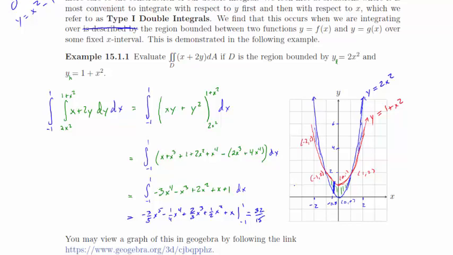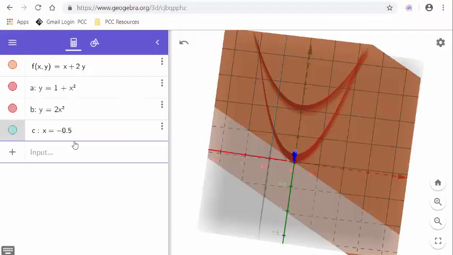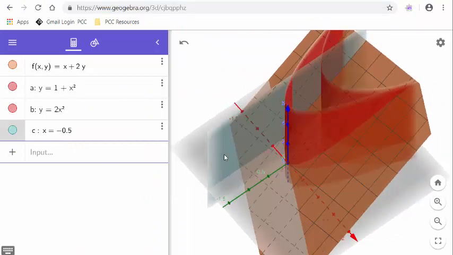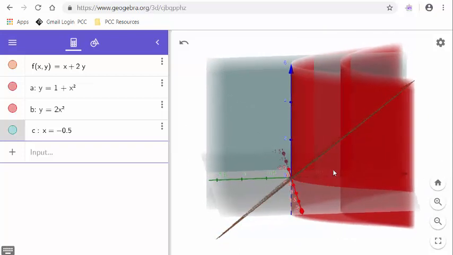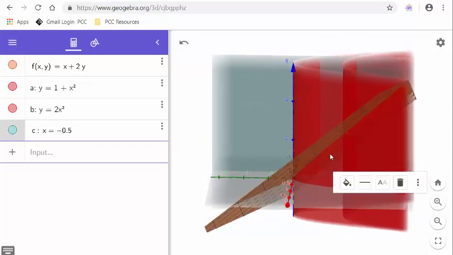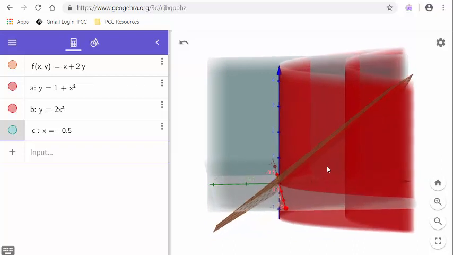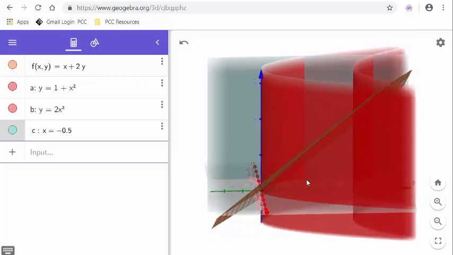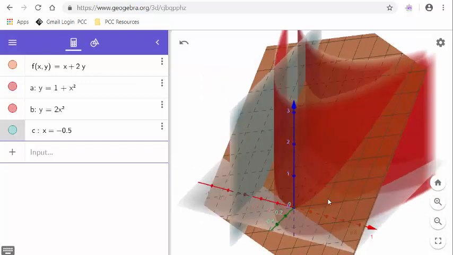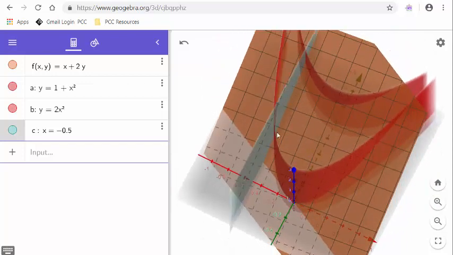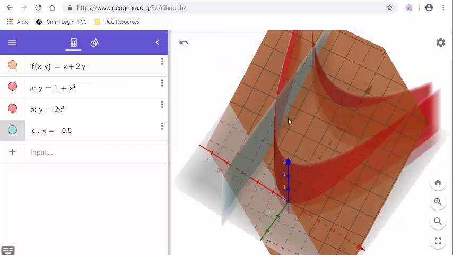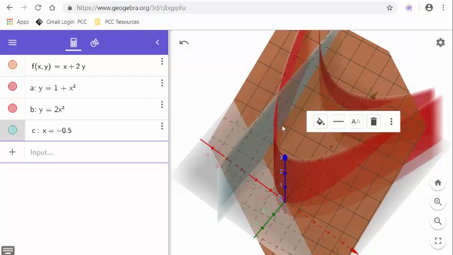So if I look at the GeoGebra again, if I type in x equals -0.5 for that specific x value, then we're going to get the area of this plane that we see right in here, kind of tough to see, but see if I can zoom in. We get the area of this plane that is underneath the plane x plus 2y and between the two parabolas and above the xy plane.